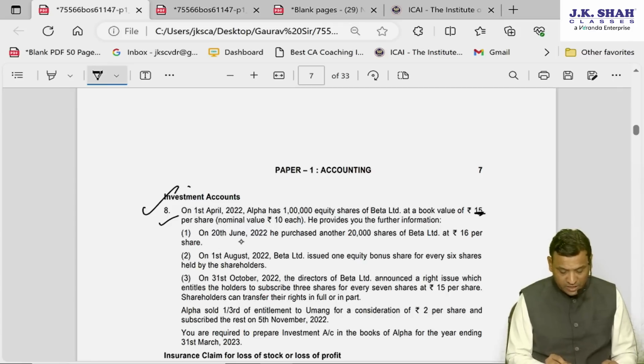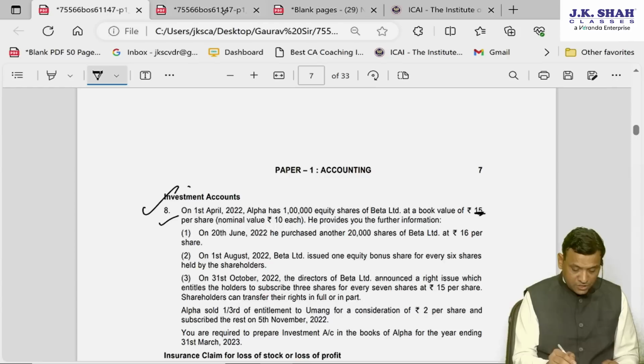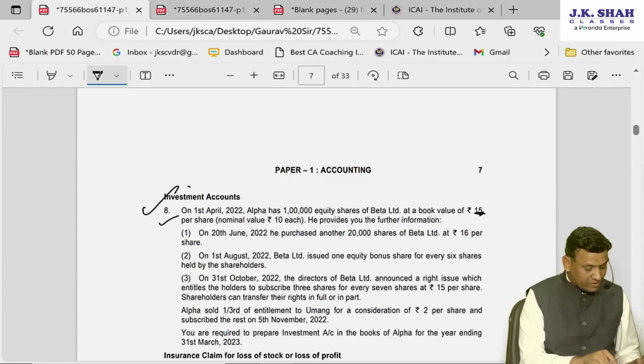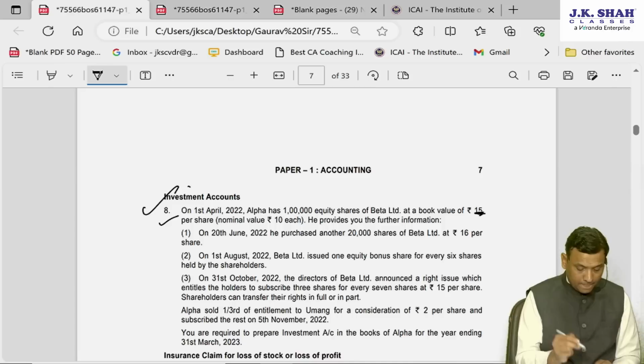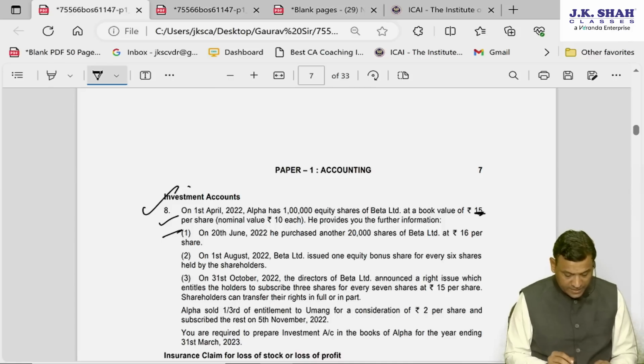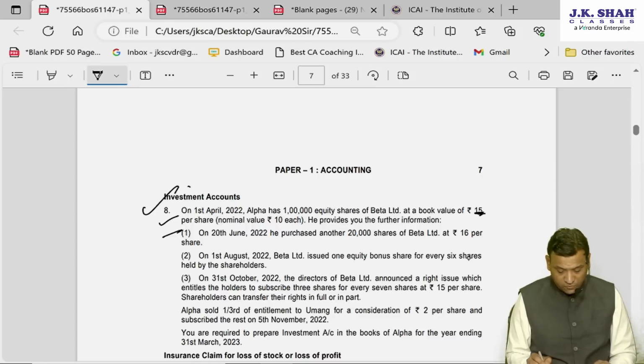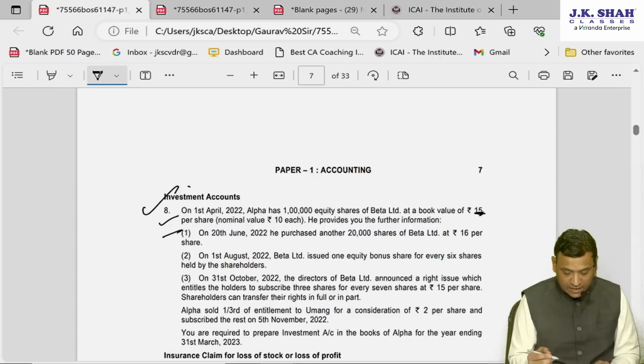On 20th June, he purchased another 20,000 shares at 16. So number of shares 20,000, and 20,000 into 16 will be nothing but amount 3,20,000. Next, on 1st August, Beta Limited issued 1 equity bonus for every 6 shares held.